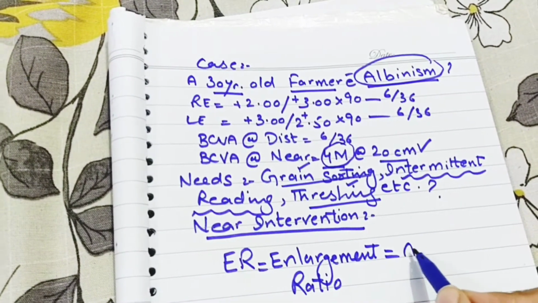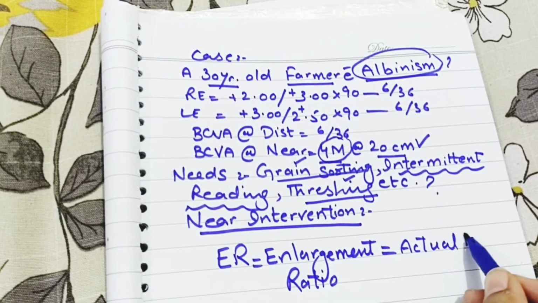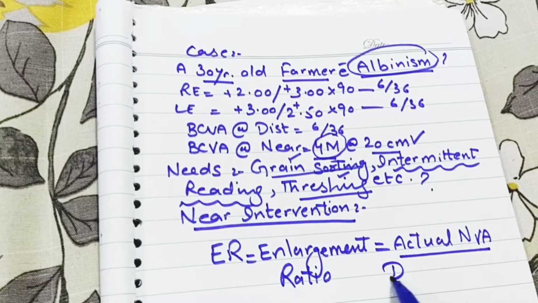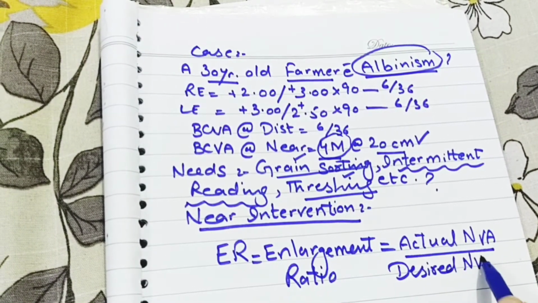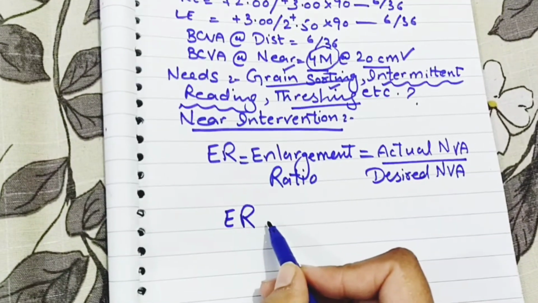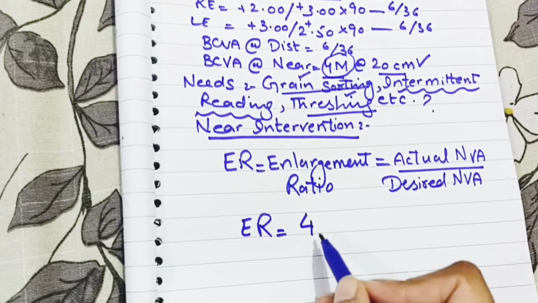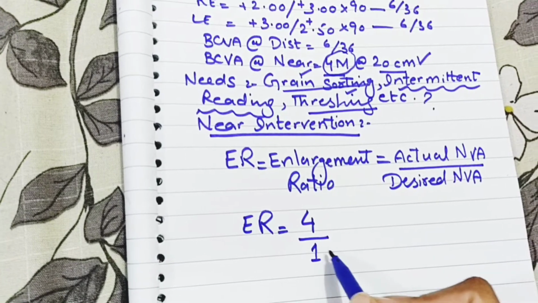Four metric at 20 centimeter is the best corrected visual acuity at near. So the enlargement ratio formula is actual near visual acuity over desired near visual acuity. Enlargement ratio is equal to actual near visual acuity, 4 metric, divided by desired, 1 metric.